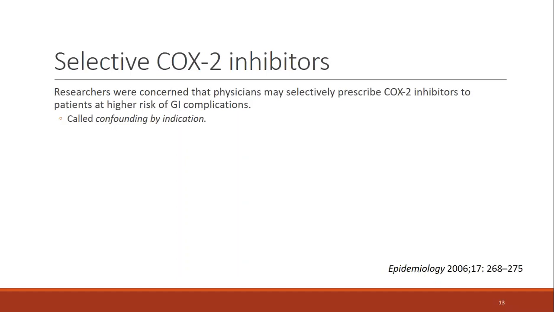The problem is that because Cox-2 inhibitors were known to lead to fewer gastrointestinal complications, there was some concern among the researchers that if we just look at who got Cox-2s and who didn't, those who got Cox-2s were already going to be at higher GI risk than those who didn't. So just using the assignment, Cox-2 versus not, you were going to have two very different groups. They were concerned about this and thought, is there something else that we can do?